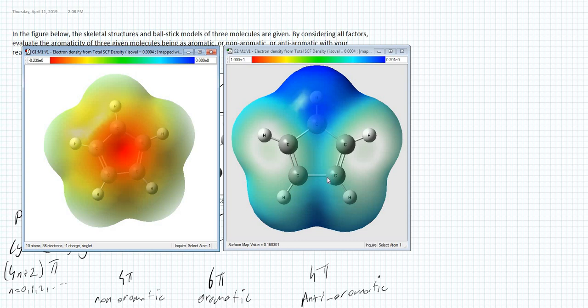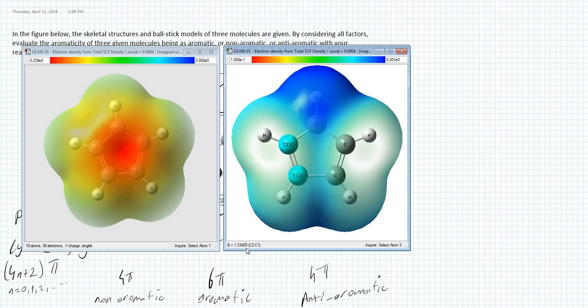But in the cation, since it's anti-aromatic, the pi electrons are localized. So basically this double bond, let's look at its distance, 1.33 angstrom, and let's look at the next bond, which is 1.57 angstrom. So basically this is really a single bond, and the other one is really a double bond.